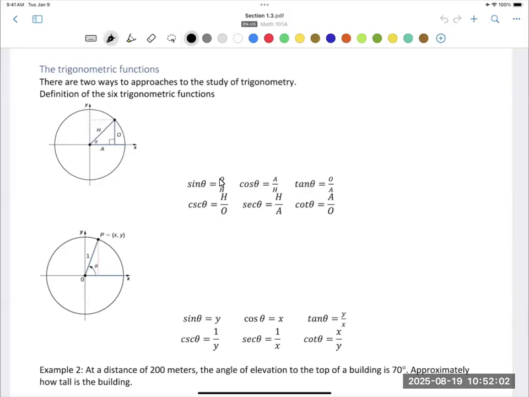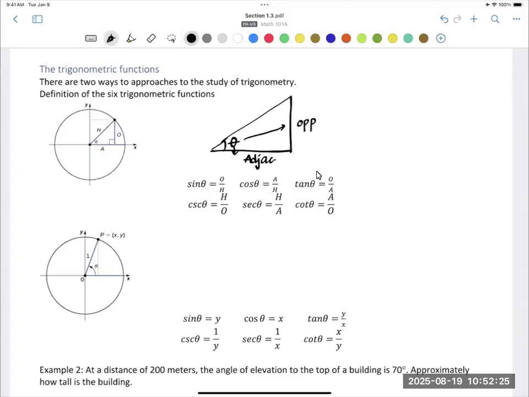Sine stands for opposite over hypotenuse. Let's say you have a right triangle and your angle right here. Whatever is opposite to your angle, by looking at that side, is going to be your opposite. The one next to the angle is going to be your adjacent, because it is next to it.